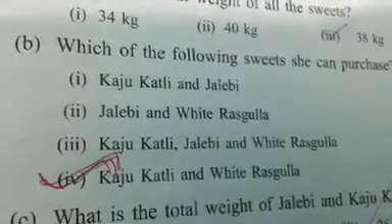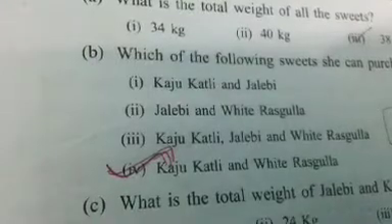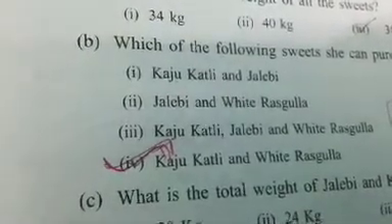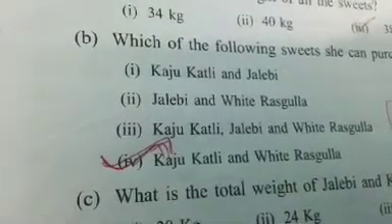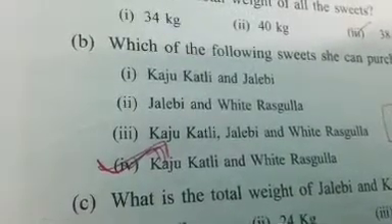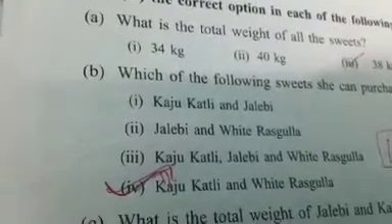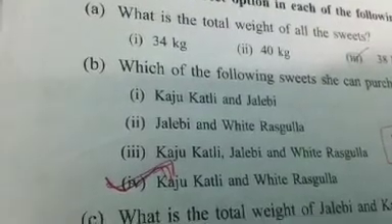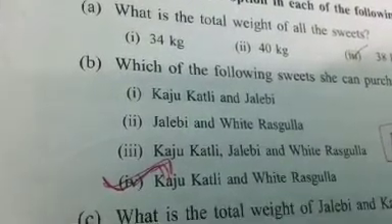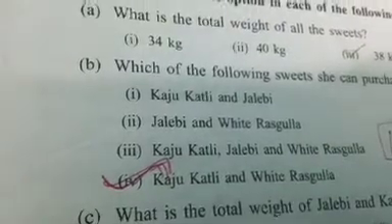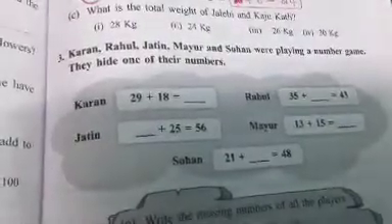So 16 plus 8, okay? 16 plus 8 equal to 24. You write here. So take the pencil and take the fourth one. Kaju Katli is 16 and white Rasagulla is 8 kg. So she can only purchase Kaju Katli and white Rasagulla. Take the pencil and tick the answer 4. Okay. Move to the third question.